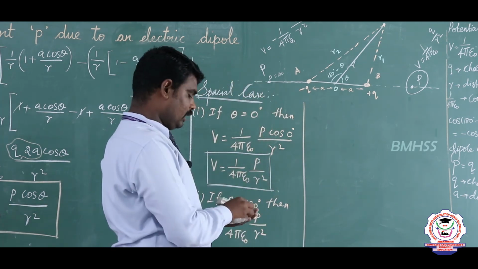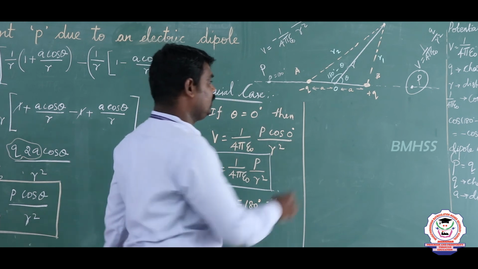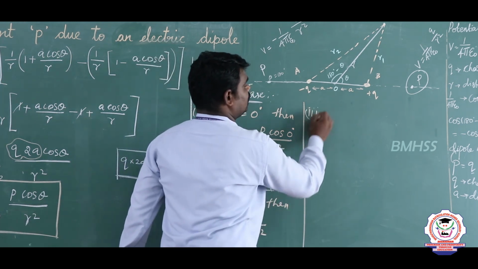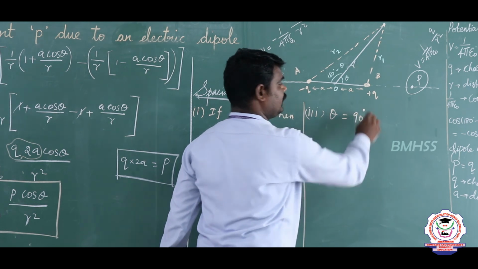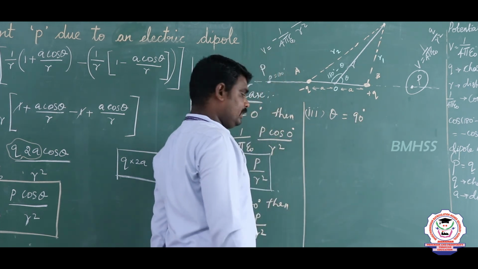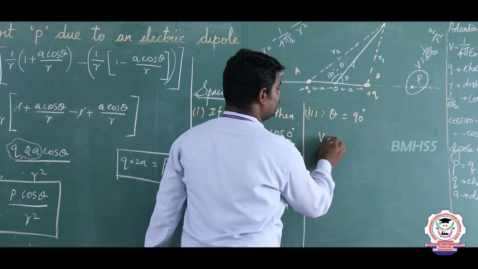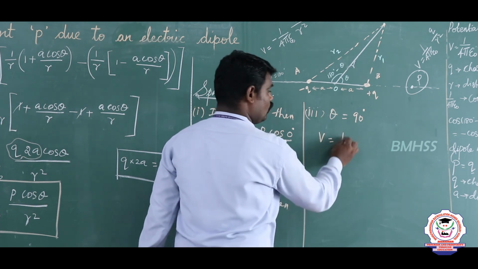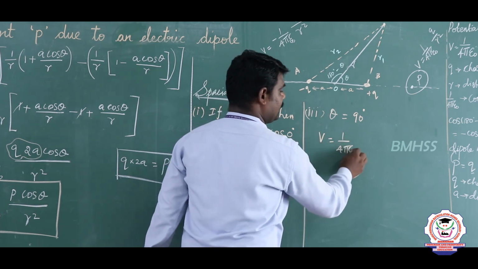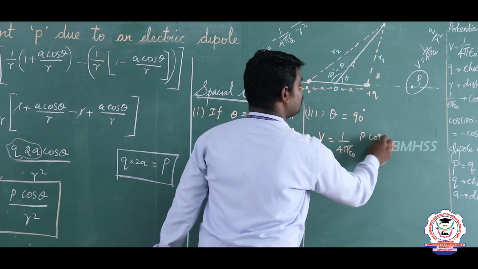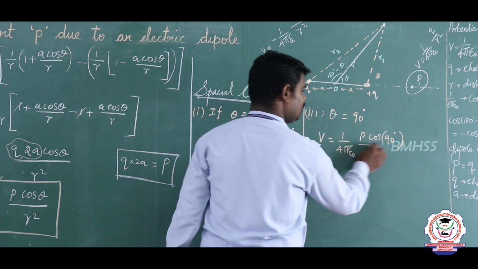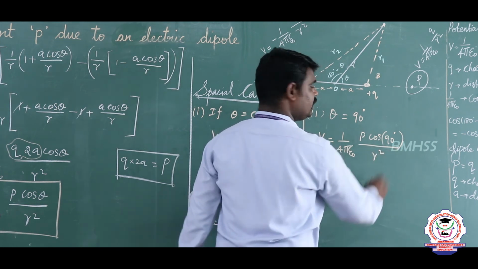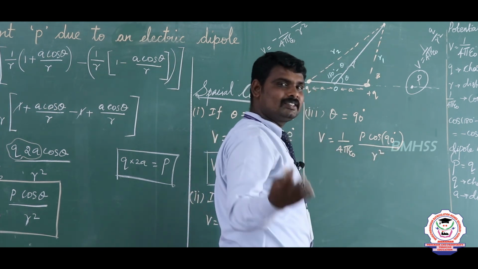Suppose the point P lies on the equatorial line. The equatorial line is nothing but theta is equal to 90 degree. That time V is equal to 1 by 4 pi epsilon naught P cos 90 degree. Cos 90 degree value, very good, 0.